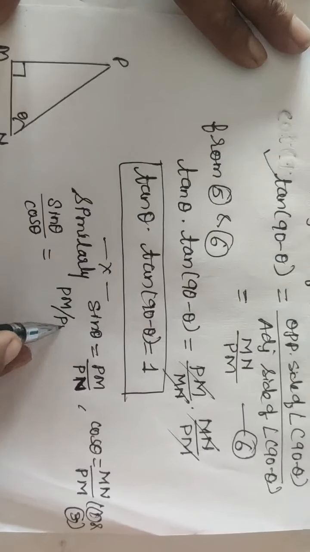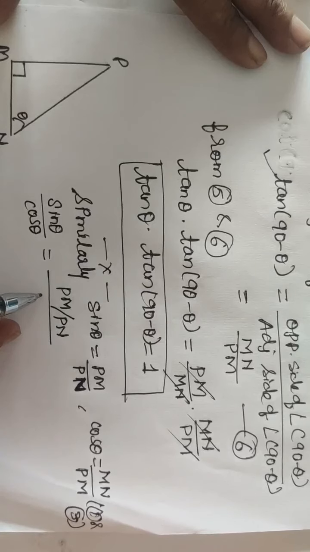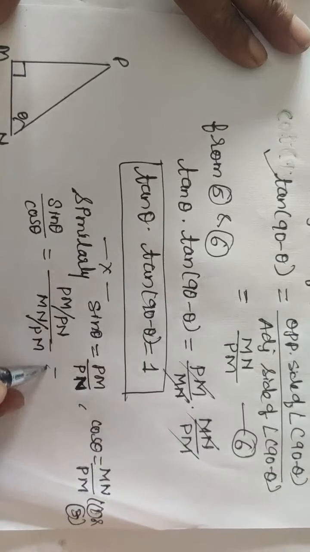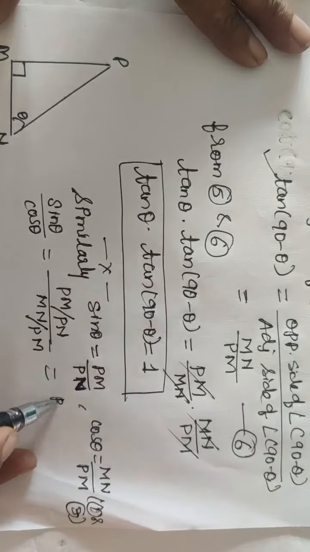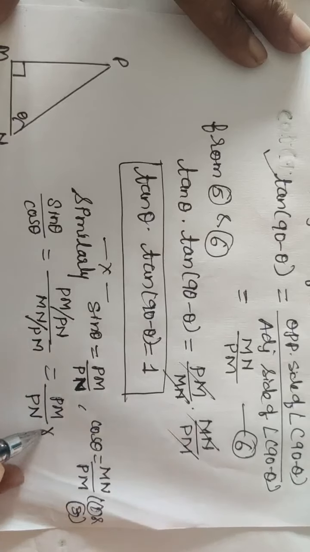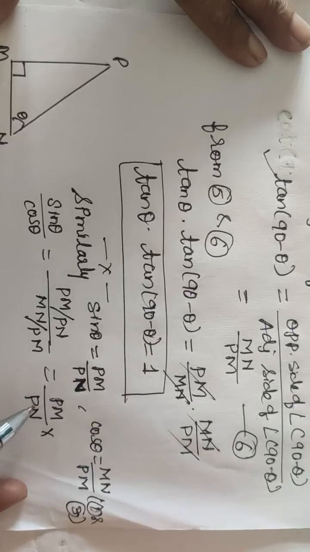PM by PN upon, this is what? MN by PN. Okay, now you know how to simplify this. The numerator will remain as it is. The division converts into multiplication and we write the reciprocal. So what is the reciprocal of this?